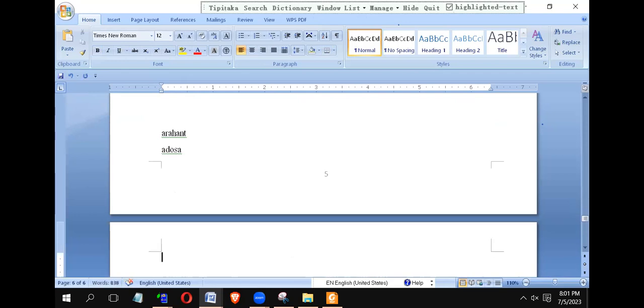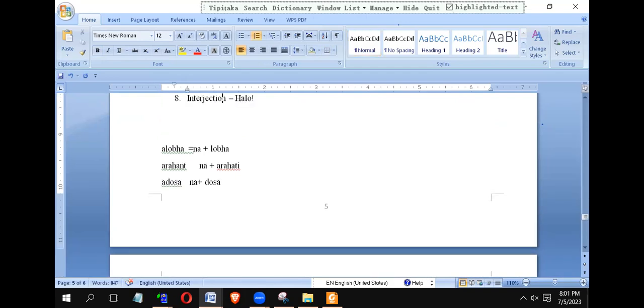Aloba is typed na plus loba. Arahan actually has a few forms. Na, arahati also. And then adosa will be na plus dosa. So all these are possible forms.